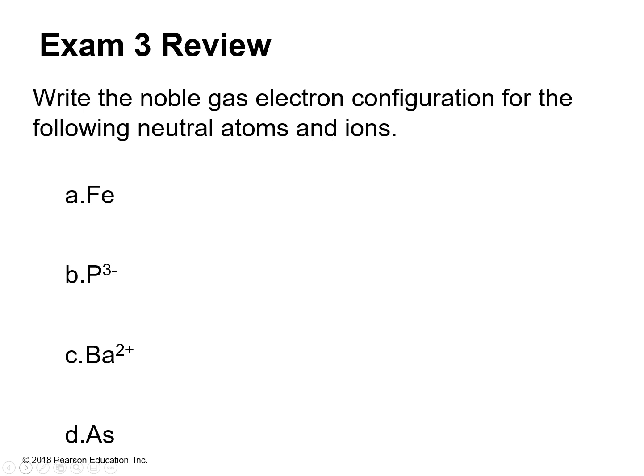So this next question, you've got to write the noble gas configuration for the following neutral atoms and ions. I will give you 4 minutes. Make sure you're looking at your periodic table and figure it out. And then I'll start writing in some answers.